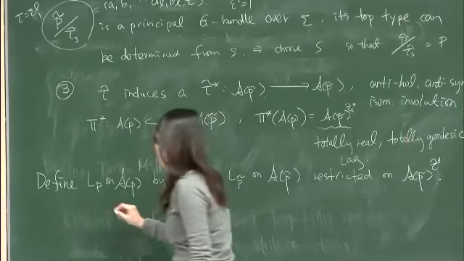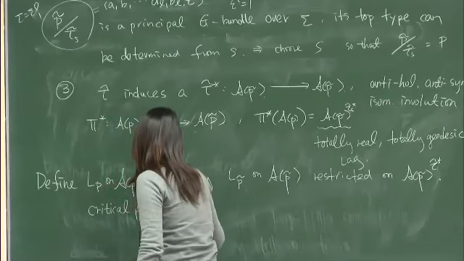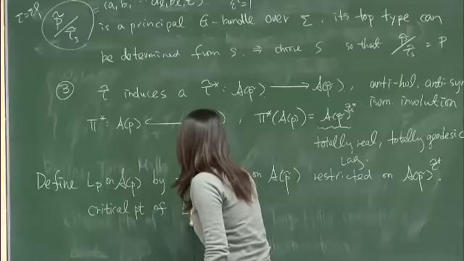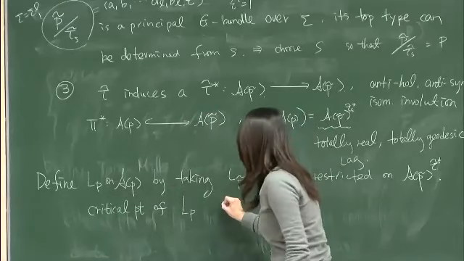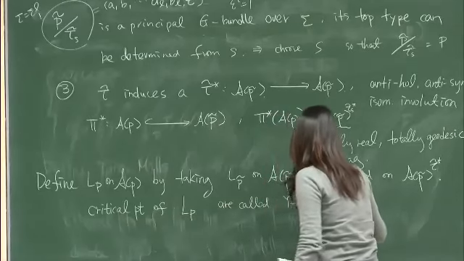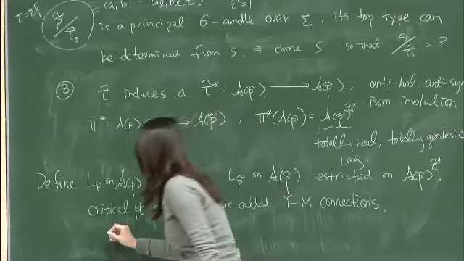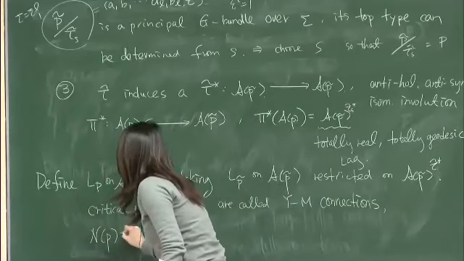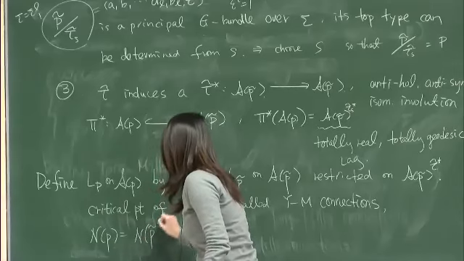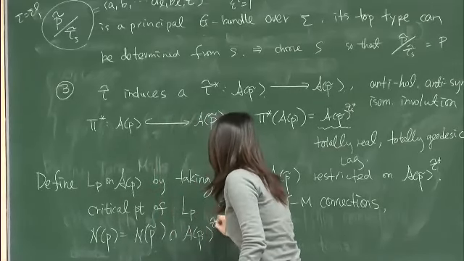And the critical points of this Yang-Mills functional are called, again, the Yang-Mills connections. And so you see that those Yang-Mills connections downstairs are precisely those Yang-Mills connections upstairs which are invariant under this tau tilde star.